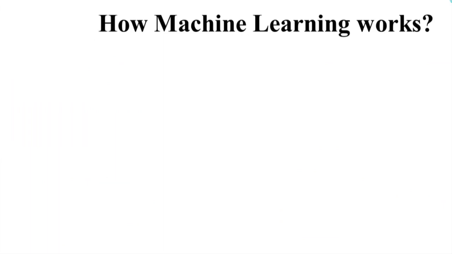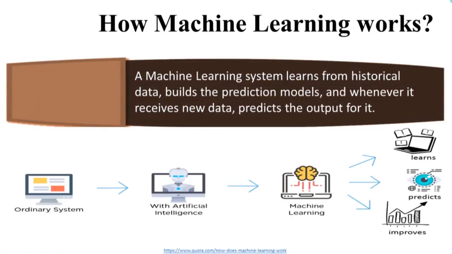How does machine learning work? Machine learning uses two types of techniques: supervised learning, which trains a model on known input and output data so that it can predict future outputs, and unsupervised learning, which finds hidden patterns or intrinsic structures in input data.